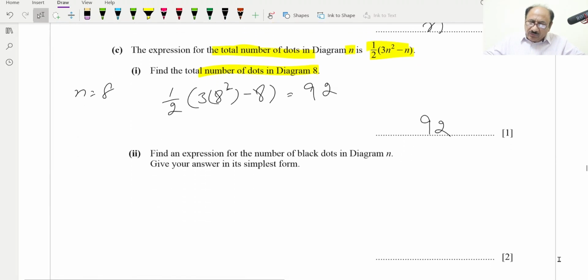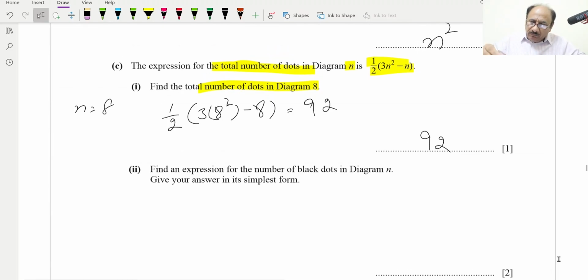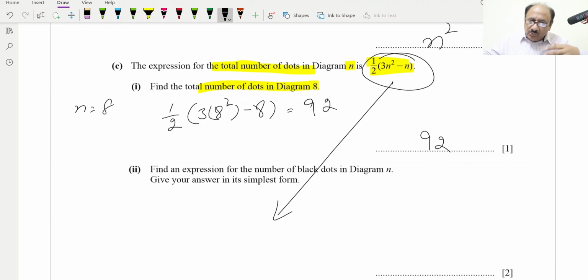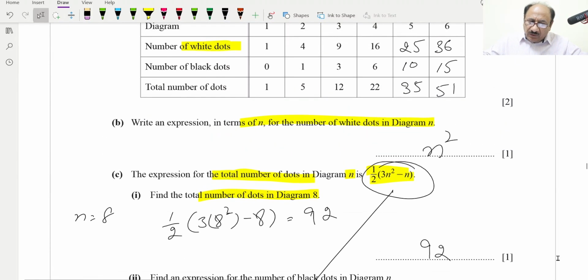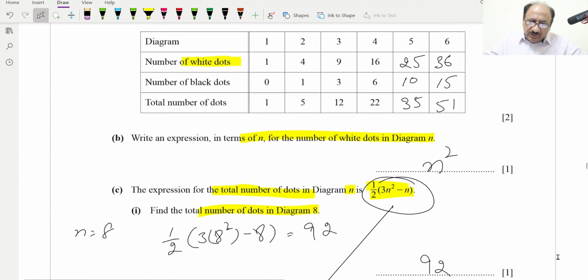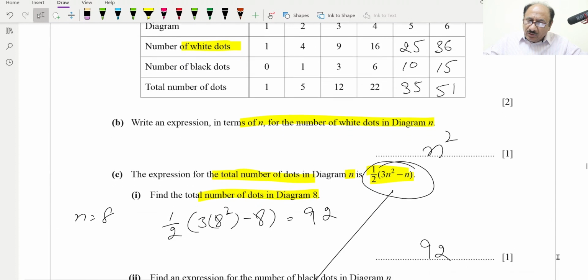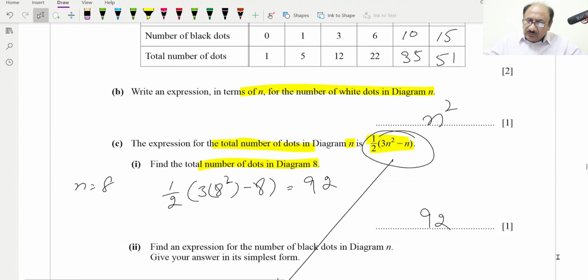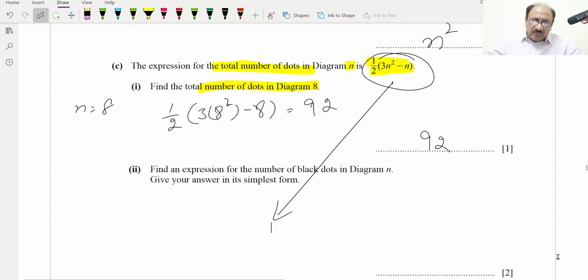Find an expression for the number of black dots in n. In this formula which is given, we can use this formula and find the number of black dots. Basically black dots are 1 by 2 into n square minus n.